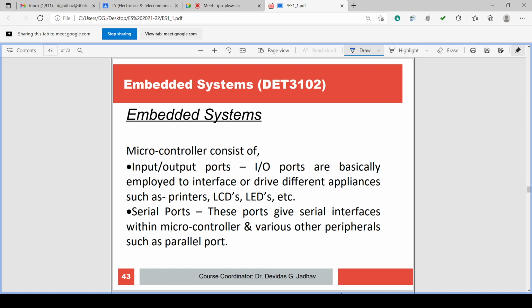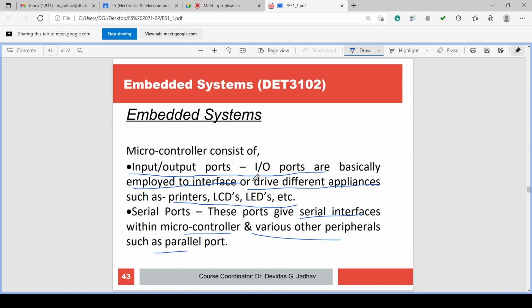So the microcontroller also consists of input output ports, IO ports, and these are basically employed to interface or drive different appliances such as printers, LCDs, LEDs, etc. Okay. So serial ports, these ports are serial interfaces with the microcontroller and various other peripherals, like parallel. Just like the parallel port, there is a serial port.